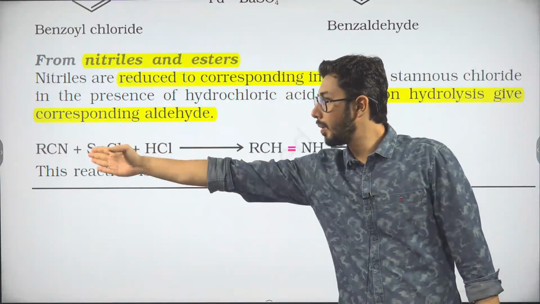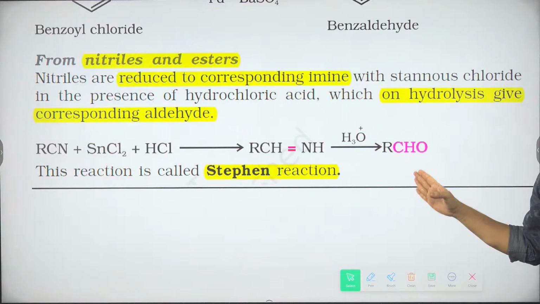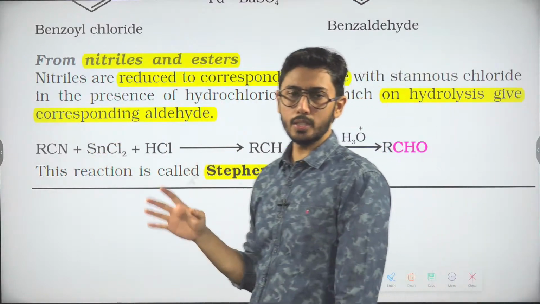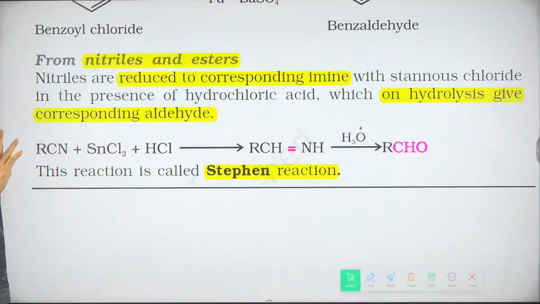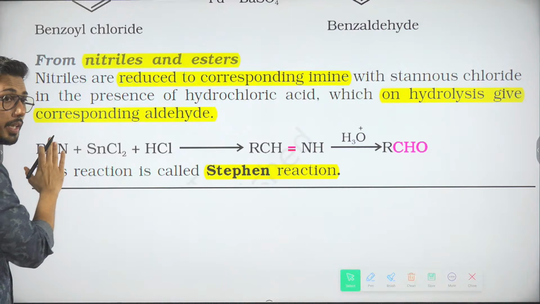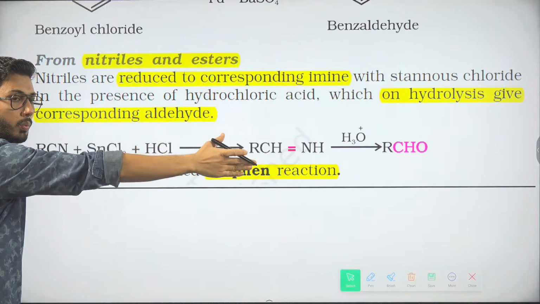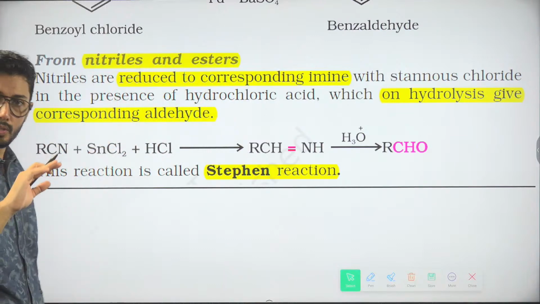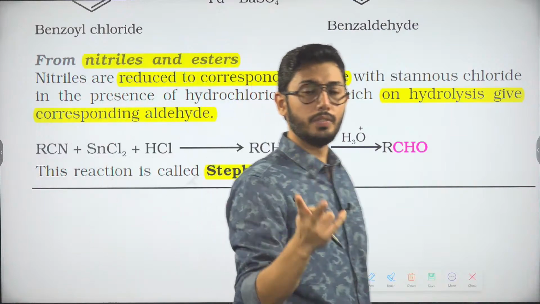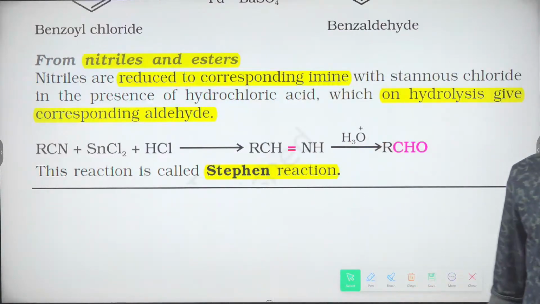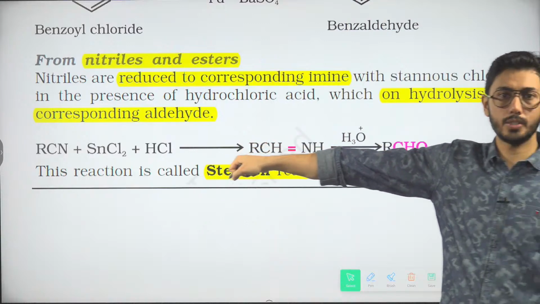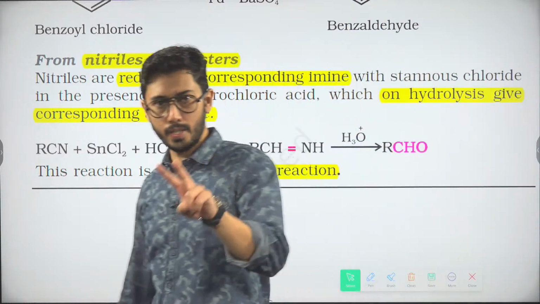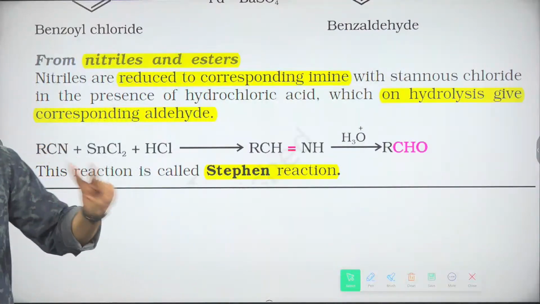Otherwise, at minimum remember nitriles to aldehyde in presence of stannous chloride and HCl as the first step, and the second step is acidic hydrolysis. So RCN is finally converted to aldehyde. So the previous reaction also gives aldehyde, Rosenmund, and Stephen reduction also, but the reactants are different. Here nitrile is taken, reagent stannous chloride with HCl, and second step H3O plus.